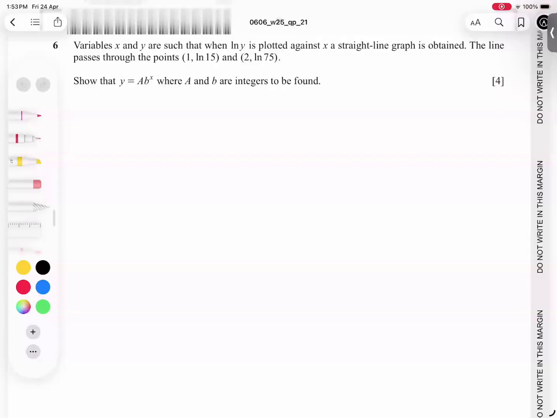Question number 6, students. What does the question say? The variables x and y are such that they have plotted ln y against x. It means along the x-axis we have x, and along the y-axis we have ln y. And he's saying further the line passes through these 2 points.